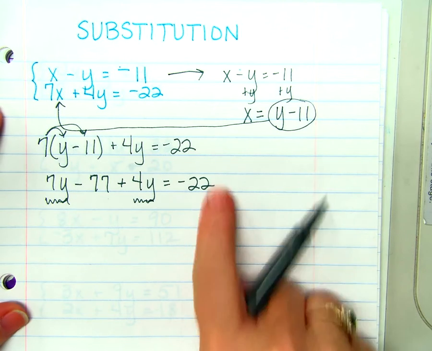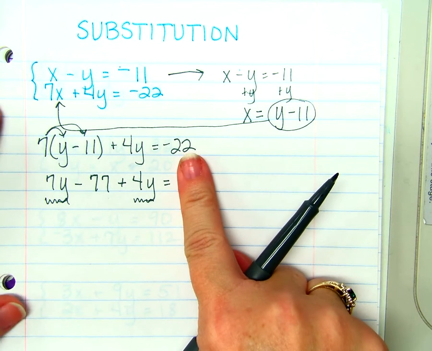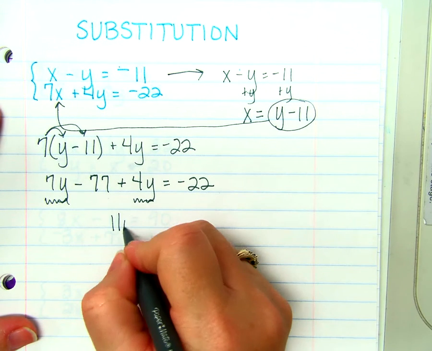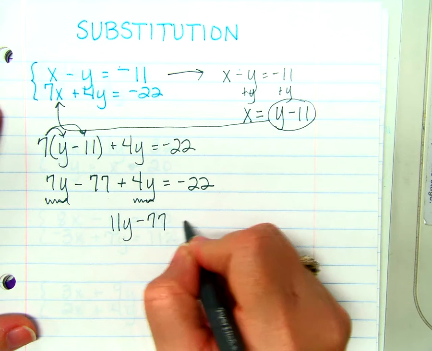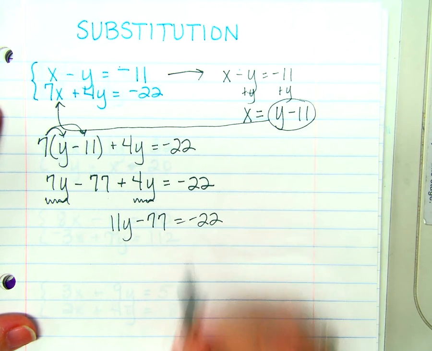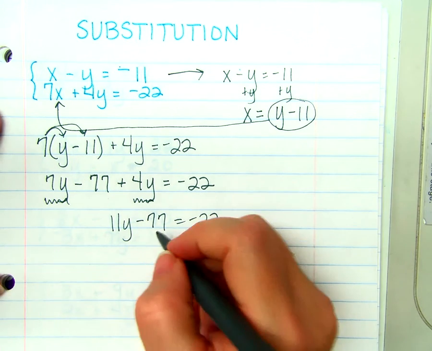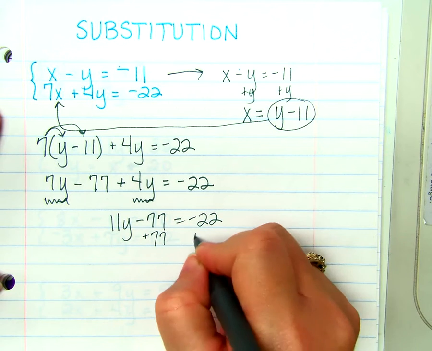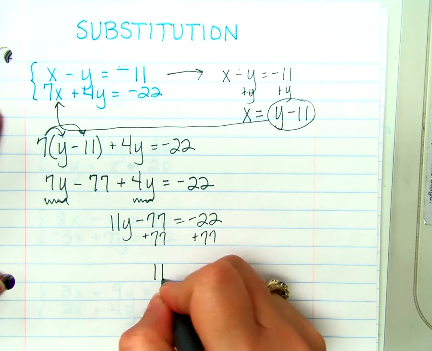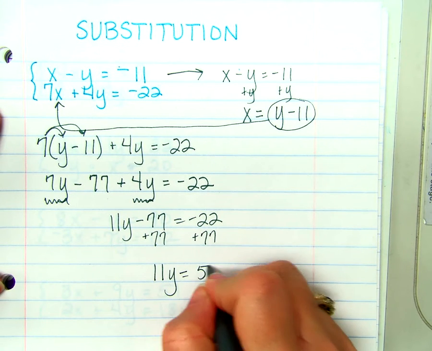They're on the same side of the equal sign, so I just combine them. 11y minus 77 equals negative 22. Yes, it is like we did a couple weeks ago in the fact that we have one variable that we're solving for. Okay? So then I add 77 to both sides, and I get 11y equals 55.